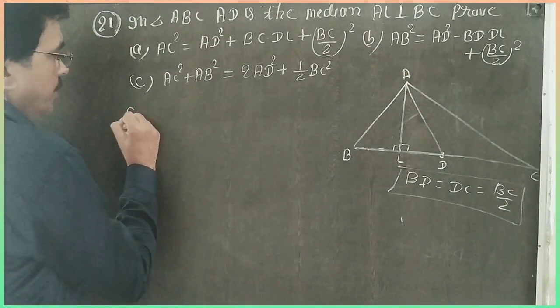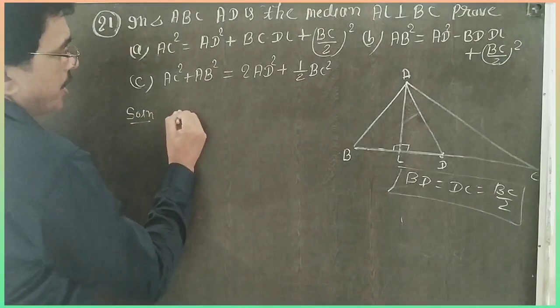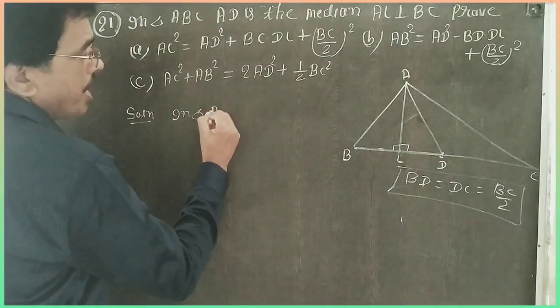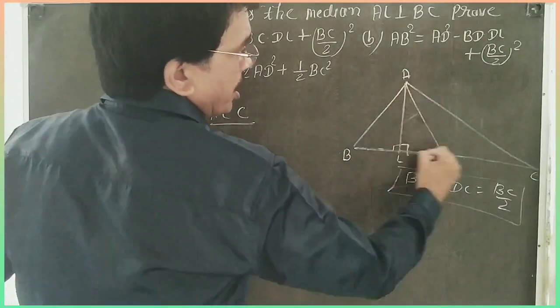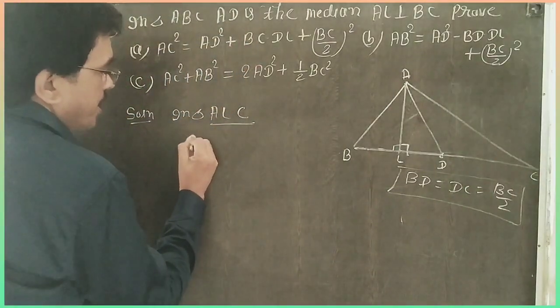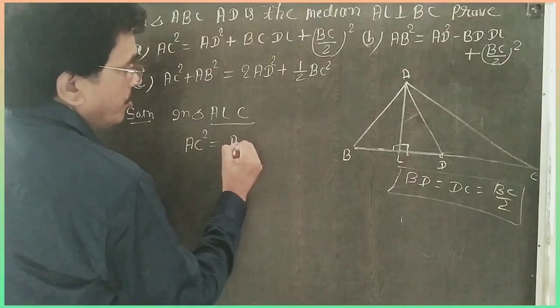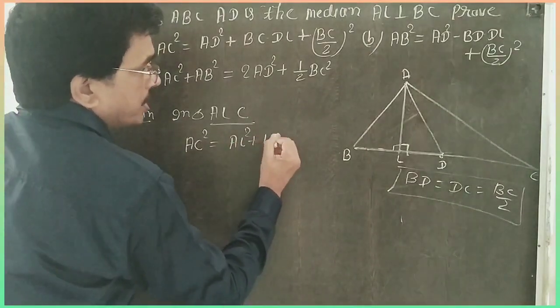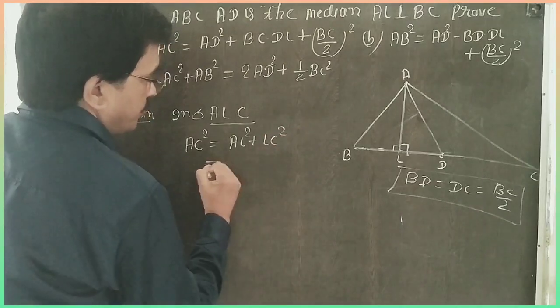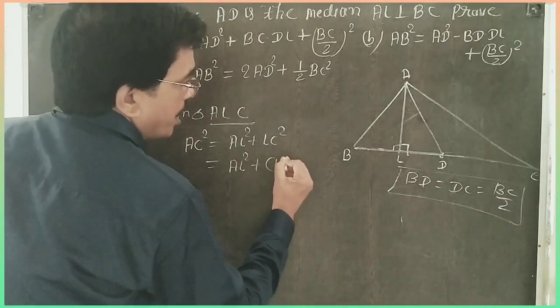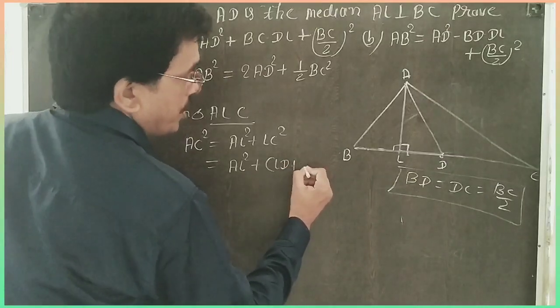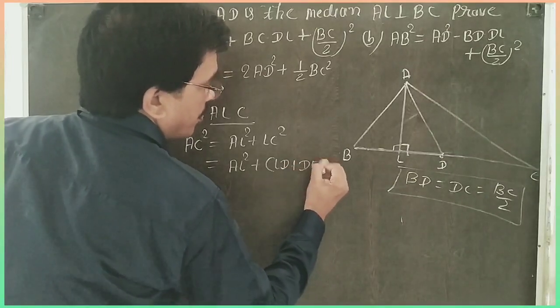So the solution: you write, in triangle ALC, because AL makes a right angle, so in triangle ALC, AC square is equal to AL square plus LC square. It is equal to AL square plus, LC means LD plus DC, whole square.